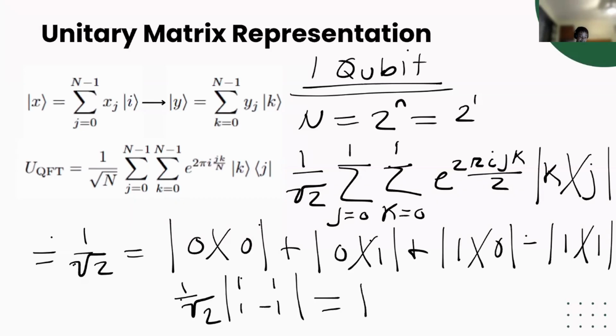Yes, exactly. It's the Hadamard gate. So what we've done is we showed that the Hadamard gate is actually the 1-qubit quantum Fourier transform. So that's pretty cool that every time you've been using the Hadamard gate, you've actually been utilizing this quantum Fourier transform.